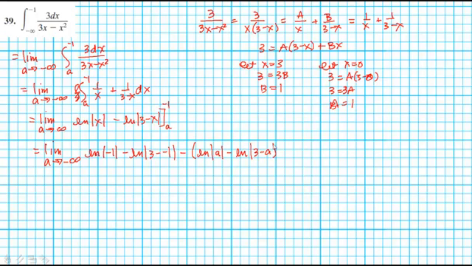A couple of things going on here. It's an absolute value sign. First of all, absolute value of negative 1 is 1, natural log of 1 is 0, so that goes away, leaving us here negative natural log of 4.